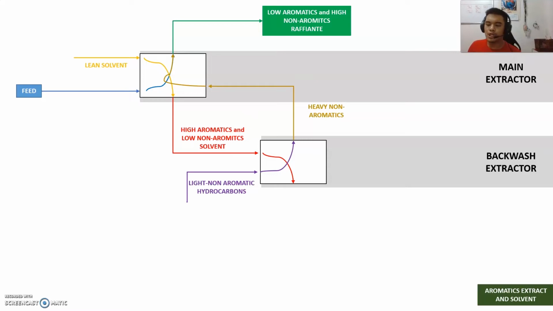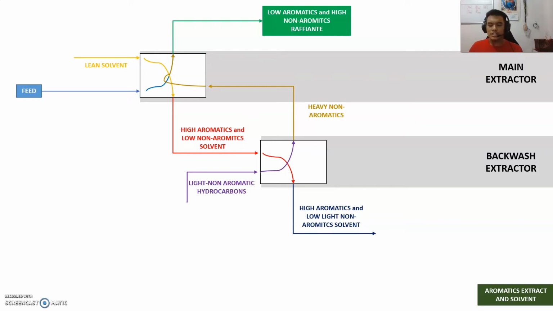The bottoms of the backwash extractor is high aromatics and low light non-aromatic solvent. So in the backwash extractor, they separate the heavy ones from the light ones, the heavy going up and the lights going down. Quite contradicting, but it's the backwash extractor.